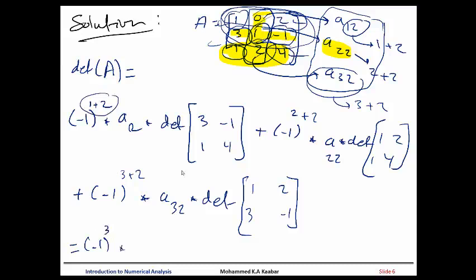Times A12, which means the 0, times the determinant of 3 minus 1 1 4.